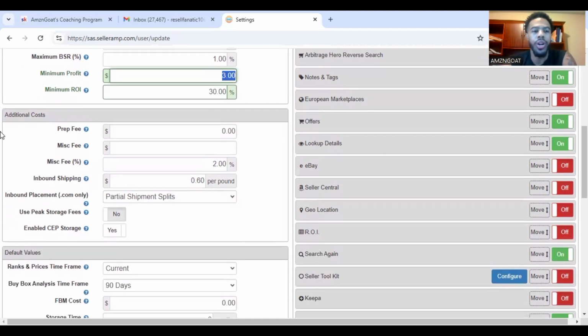The additional cost. This is a super important section. This prep fee, you're usually not going to have that unless you are using a prep center, right?